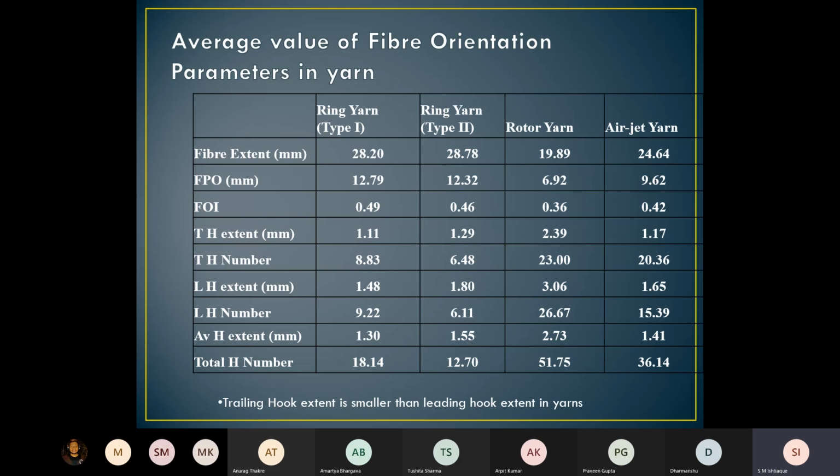Yes, packing density is increasing, spinning coefficient is increasing, but even though the strength of the yarn is reducing. So here what we can say at this stage is that once I'm defining these mechanical properties of the yarn, I should not consider only one structural index.